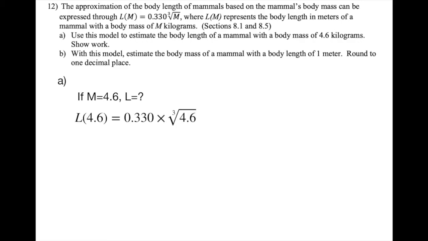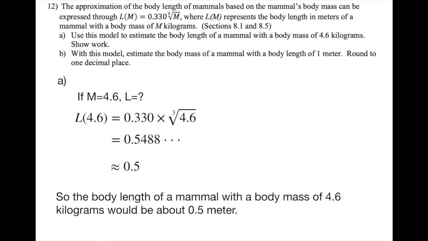L of 4.6 is 0.330 times the cube root of 4.6. So the calculator tells you it's 0.5488. So if round to one decimal place, that would be 0.5. So you know that the body length of a mammal with a body mass of 4.6 kilograms would be about 0.5 meter. That's part A.